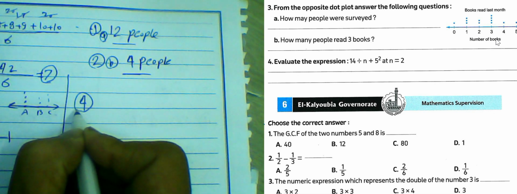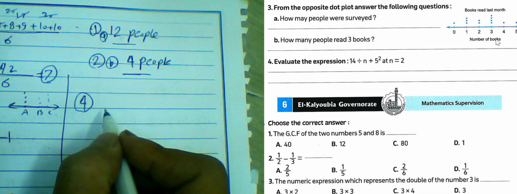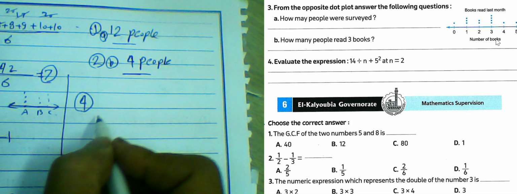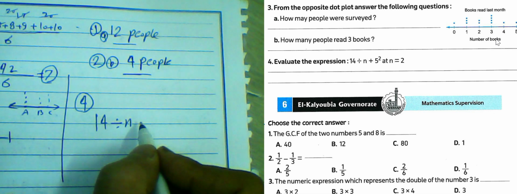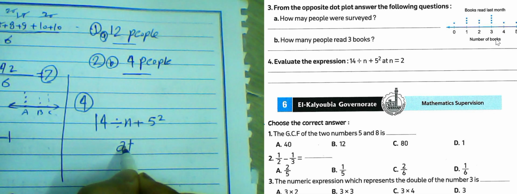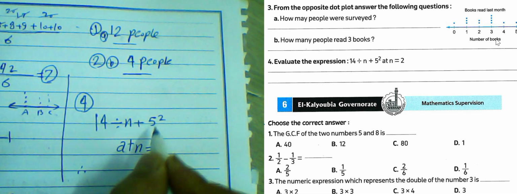Question number 4. Evaluate this expression at n equals 2. We have 14 divided by n plus 5 over 2 at n equals 2. Put n equals 2 in this expression.